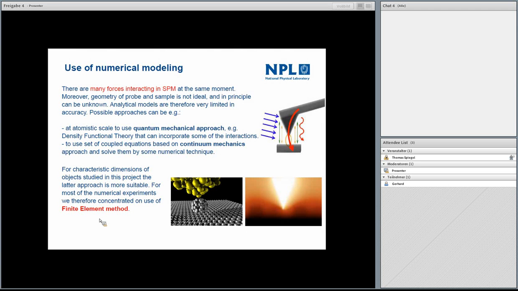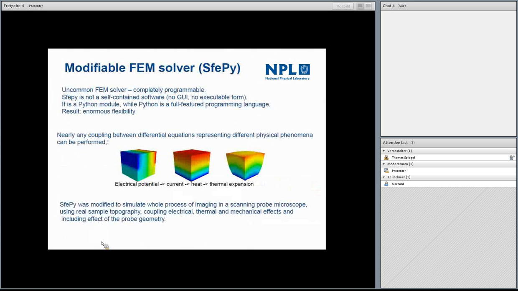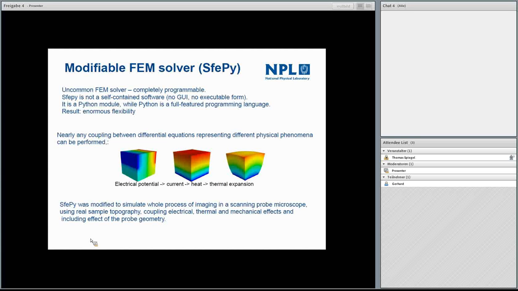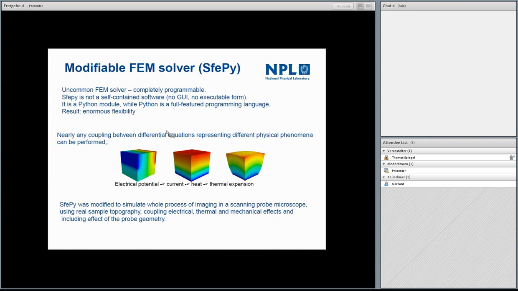And that's the one we have used here, and it was done essentially at CMI, the Czech Metrology Institute. They used a modified version of a finite element solver called SfePy, which is relatively unusual because it's a Python module. It's not something where you have an interface; you program your system. But as a result, it's totally programmable and you have very large flexibility.